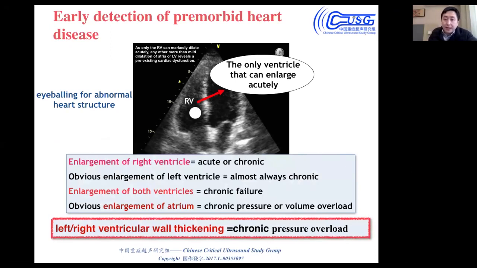Also, the wall of the ventricle is very important. If the wall is thickened, chronic pressure overload is found in such a patient.